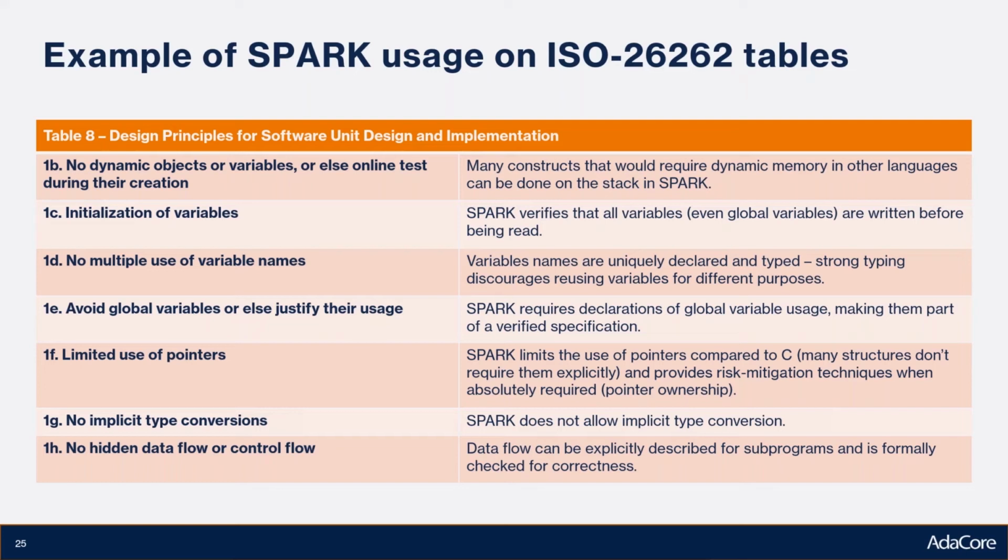If your program ever reads a variable before it's been written, that program is illegal, just as a language design fundamental. 1G, no implicit type conversions. Implicit type conversions don't exist in the language. You just can't express it, and so on and so forth.